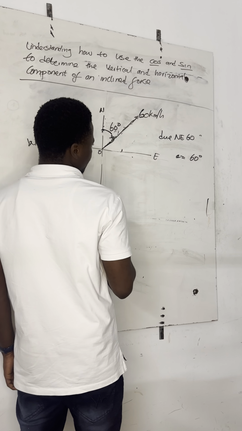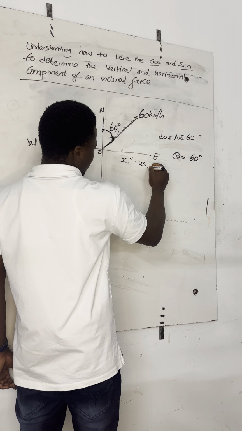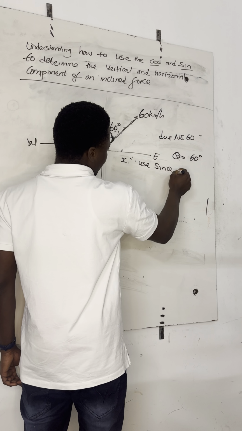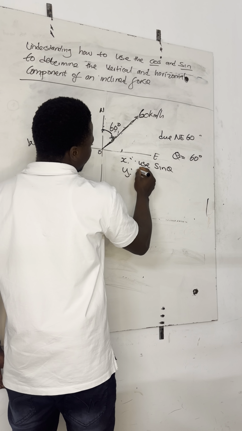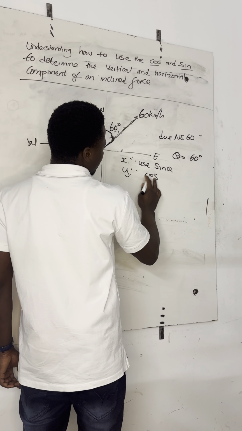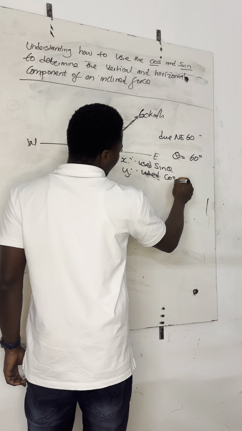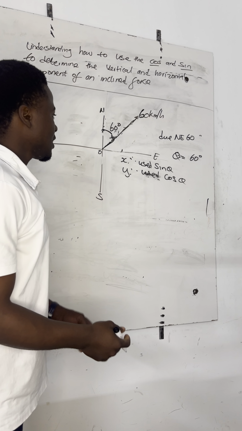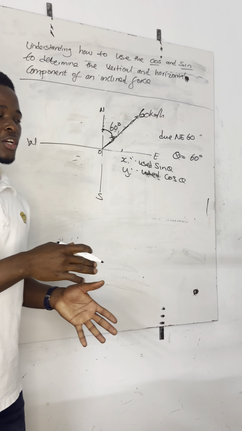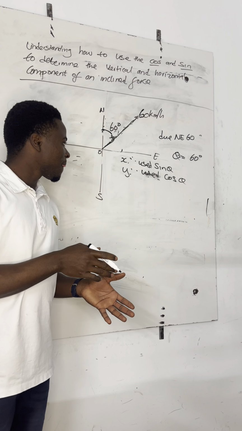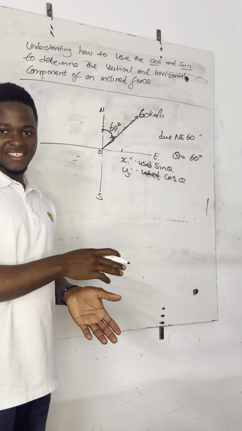Now it's 90. Therefore your x uses sine theta, your y uses cos theta. You notice that as the angles have changed, the signs have also changed.